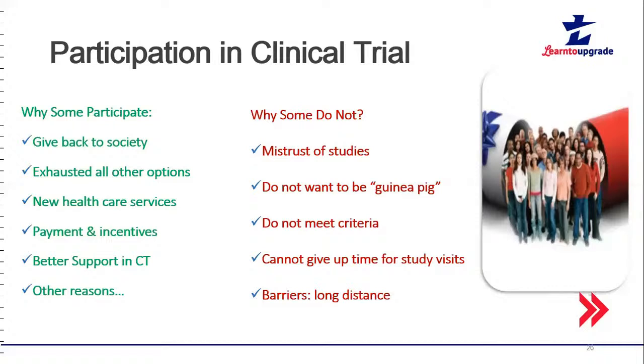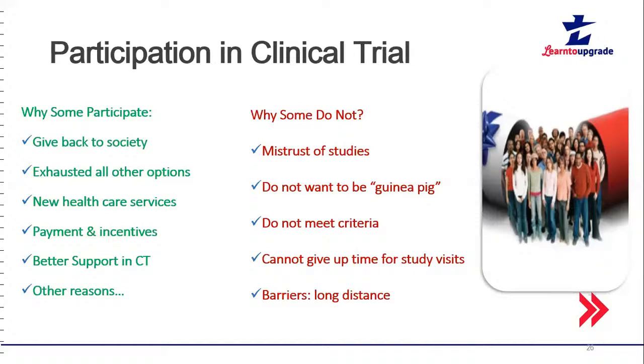Do not meet the criteria. There are always inclusion and exclusion criteria in a clinical trial. Inclusion means, let's say, adult males of 30 to 40 years can participate. If a female wants to participate, it is not allowed because it is not in the inclusion criteria. Or a male below 30 years of age cannot participate. That's the inclusion criteria.